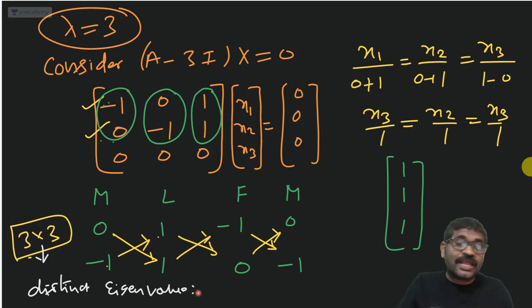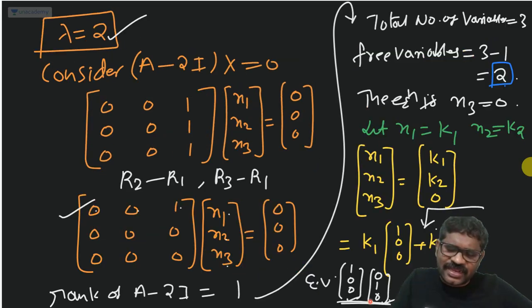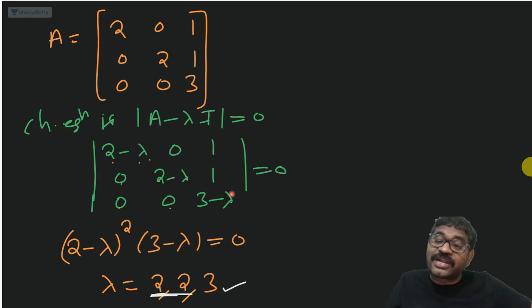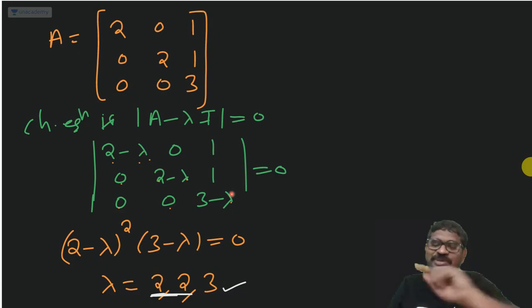Now, my question is, sir, if you have 2 repeated eigenvalues and 1 distinct eigenvalue, can you say total number of independent eigenvectors are always 3? Can you say? No. Because in the case of repeated eigenvalue, the number of independent eigenvectors depends on free variables.